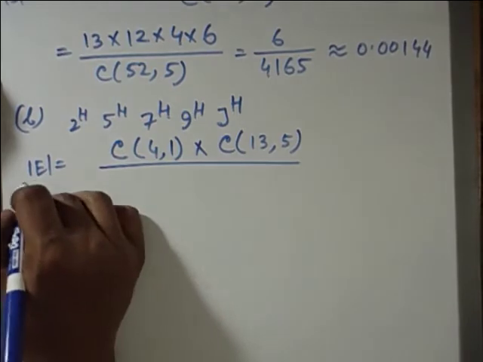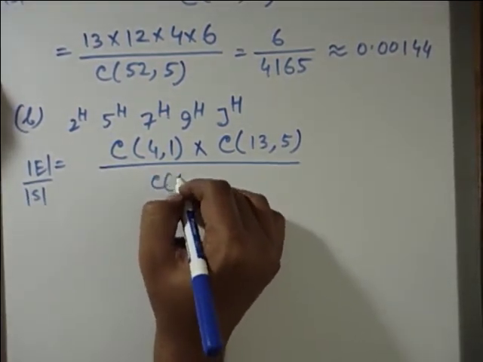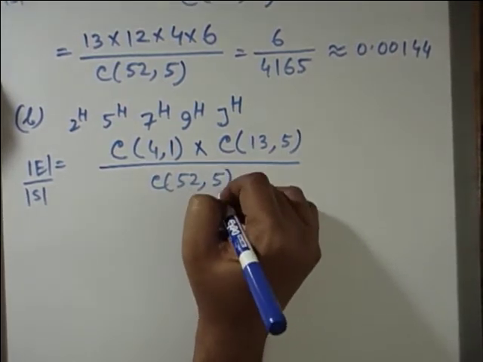The denominator is the sample space size. That's still the same, 52 choose 5.